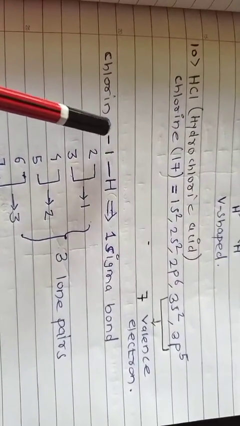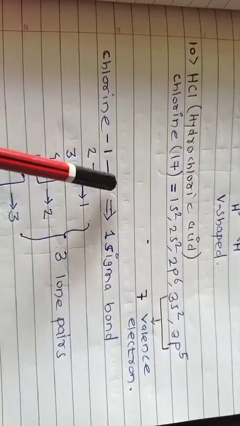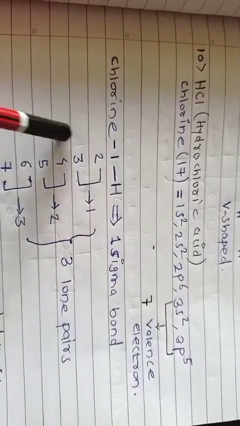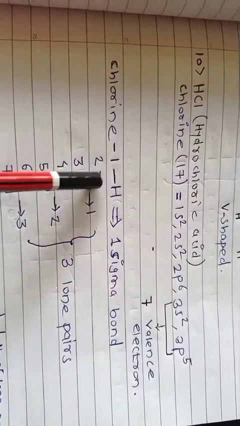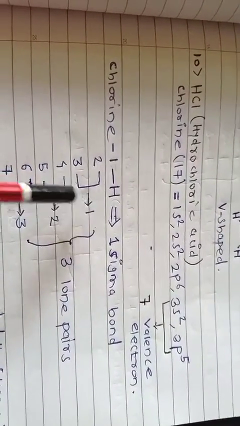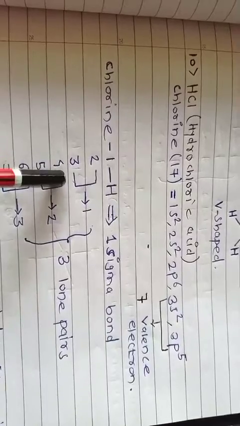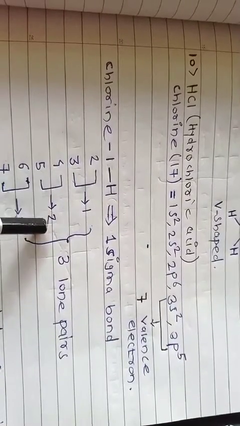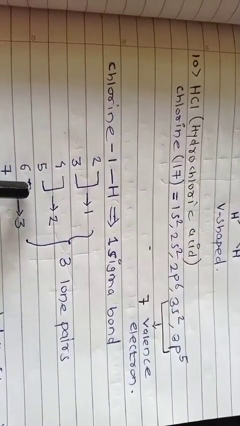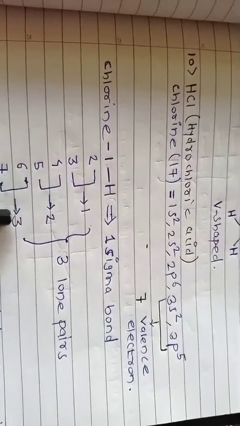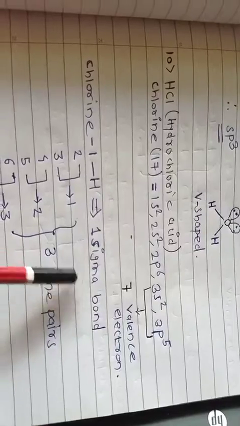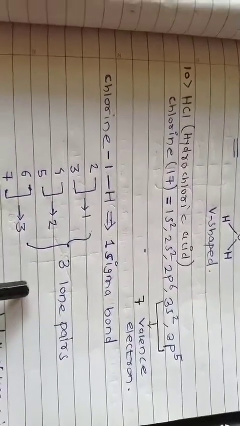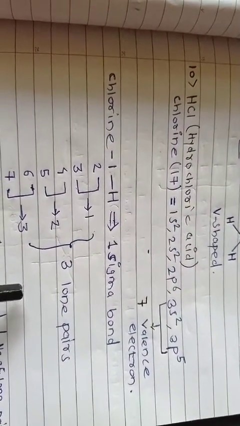Out of the 7, 1 forms the sigma bond, leaving 6 valence electrons. Now 2 electrons form one lone pair, the remaining 2 electrons form a second lone pair, and the last 2 electrons form a third lone pair. Therefore HCl has a total of 1 sigma bond and 3 lone pairs.